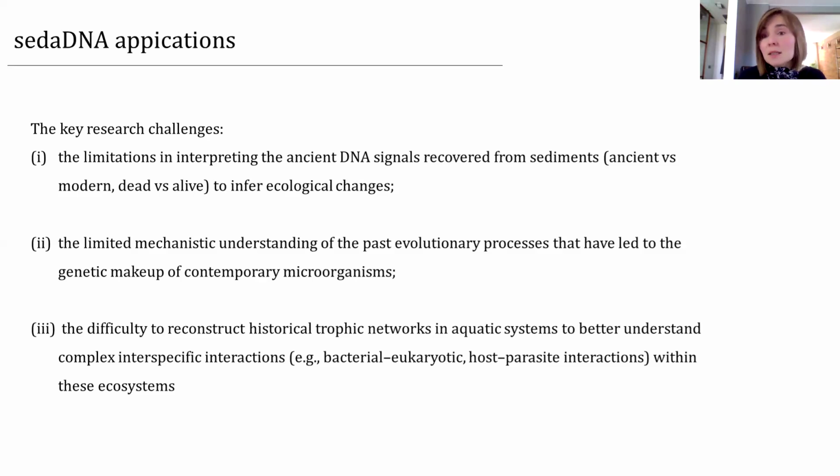Another is the understanding of past evolutionary processes that led to creating the contemporary composition of microorganisms. And the difficulty to reconstruct interactions and networks in aquatic environments, for example, between bacteria and eukaryotes and host-parasite interactions.